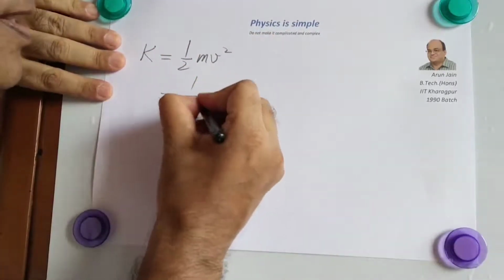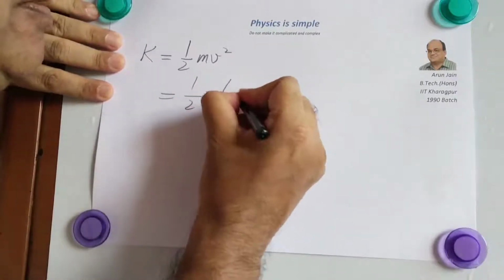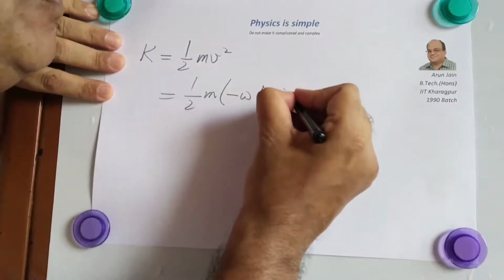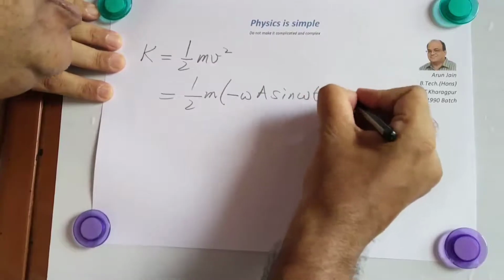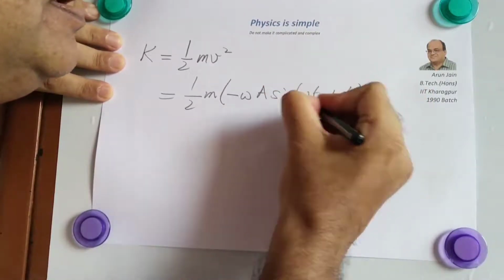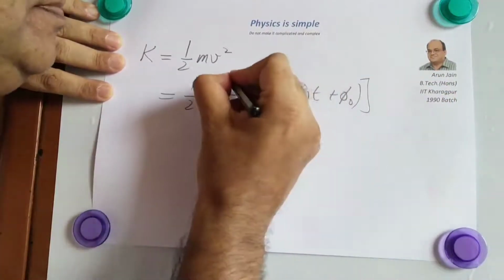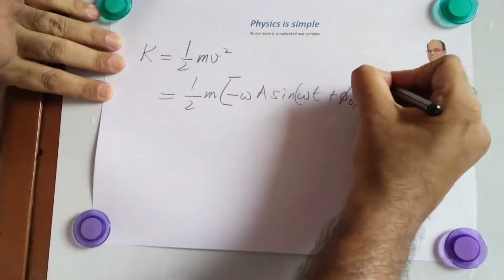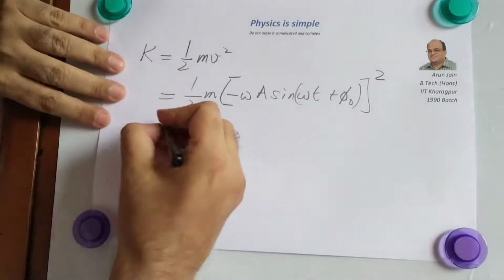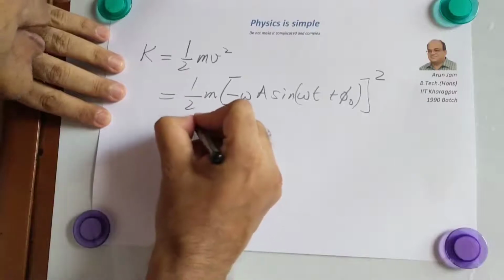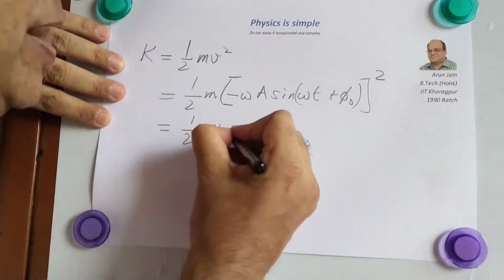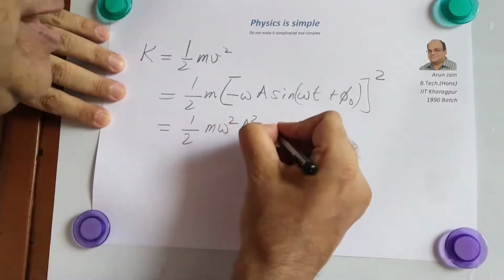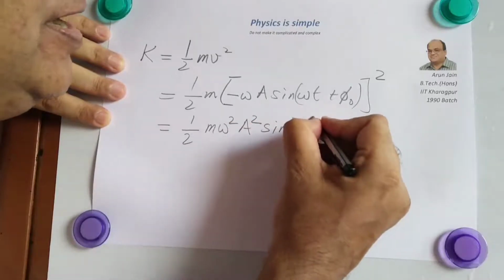V is minus omega a sine(omega t plus phi naught). This is squared here, so we get kinetic energy is half m omega square a square sine square(omega t plus phi naught).